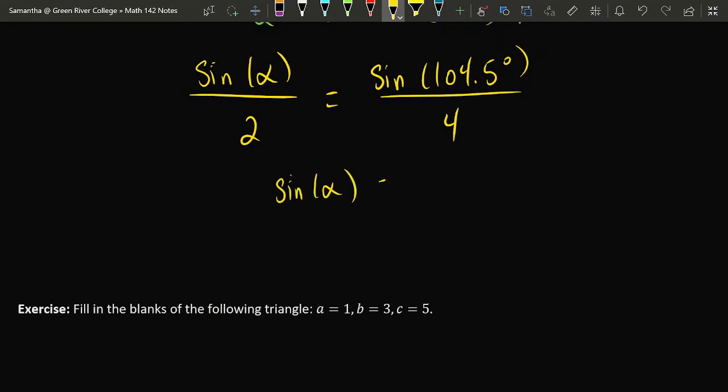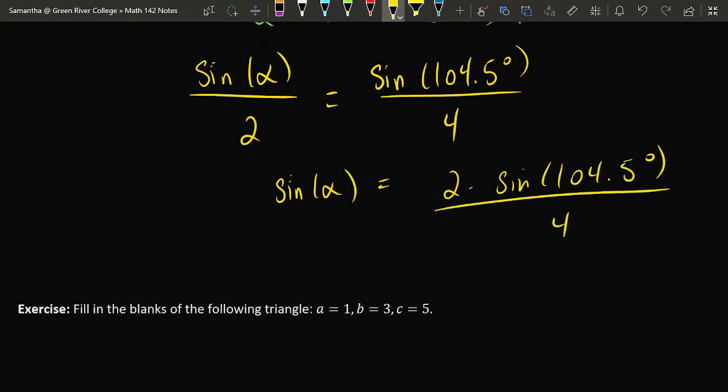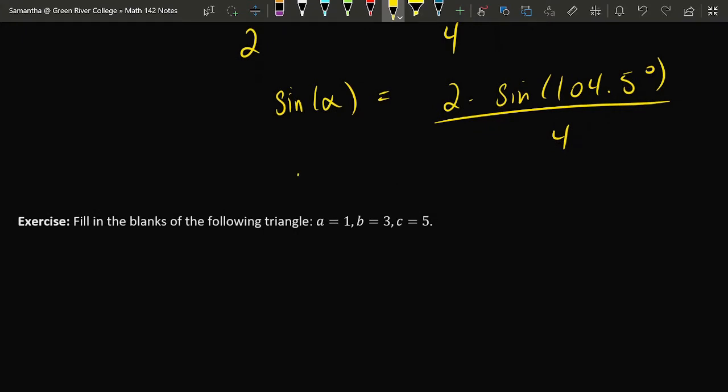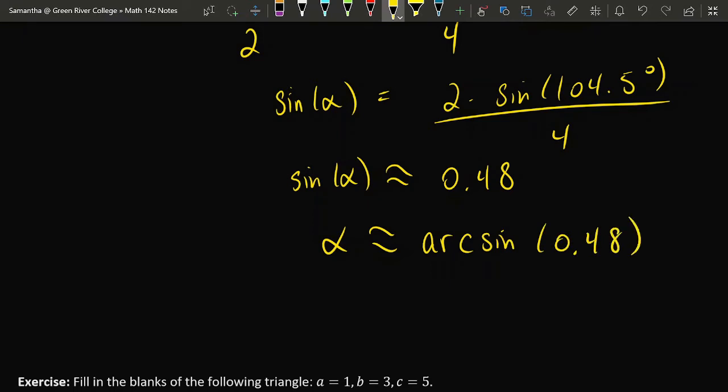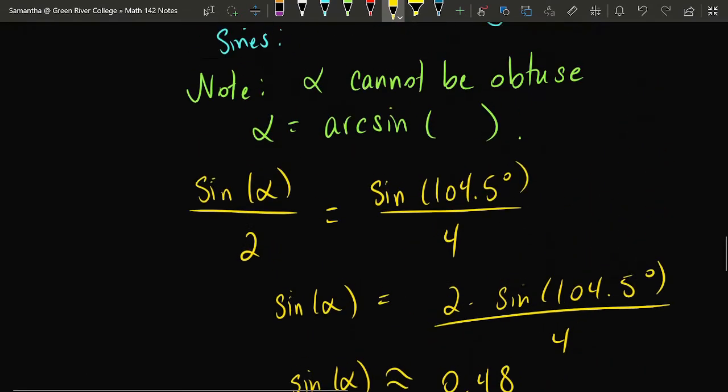So sine of alpha is equal to 2 times sine of 104.5 degrees over 4, and therefore sine of alpha is approximately equal to this number. Since alpha is an acute angle, we can be assured that alpha really is equal to the inverse sine of this number, the same 29 degrees that we found via the alternative law of cosines method.